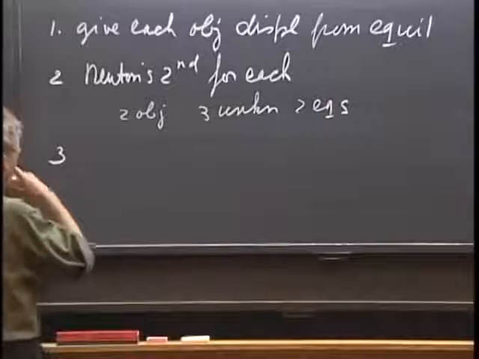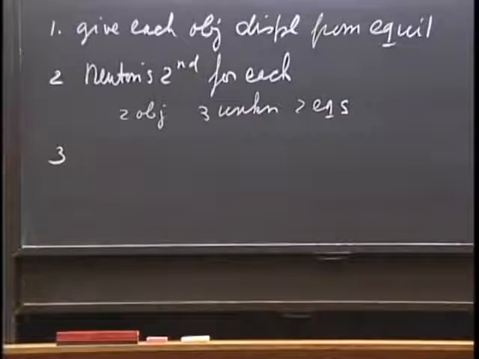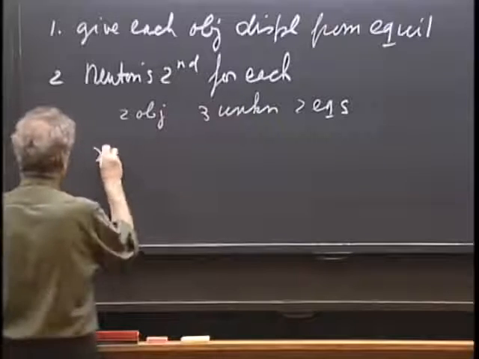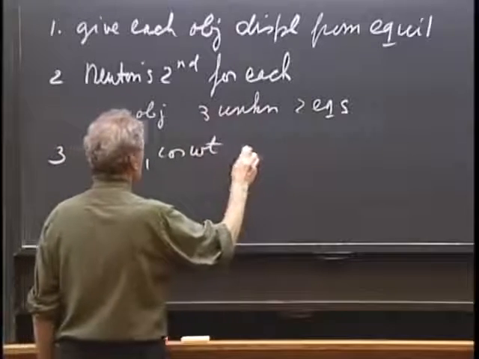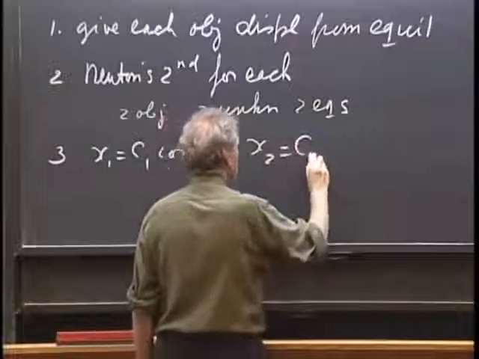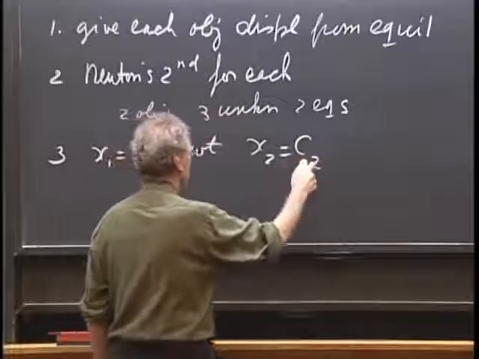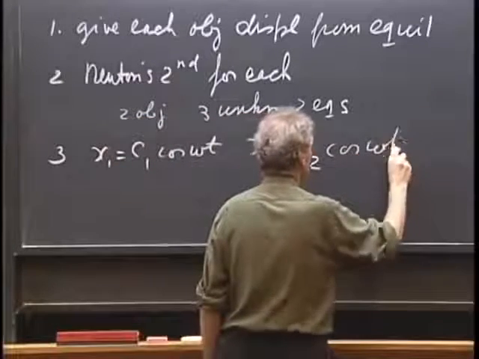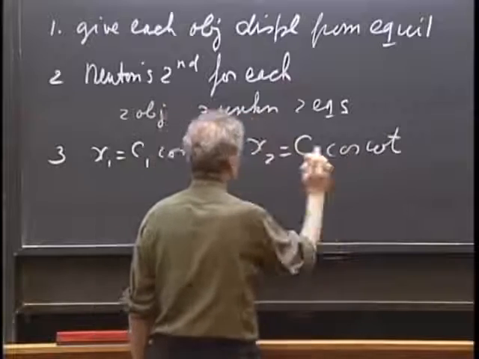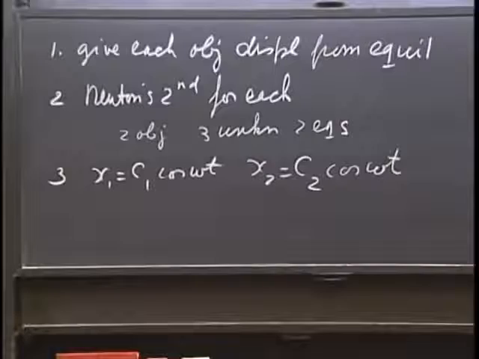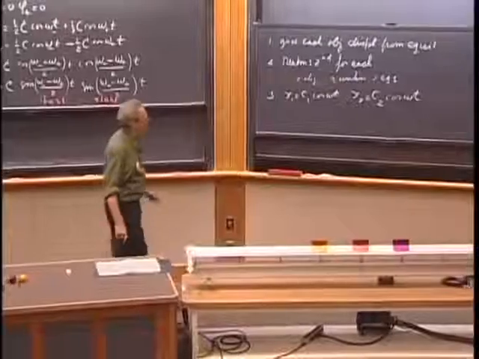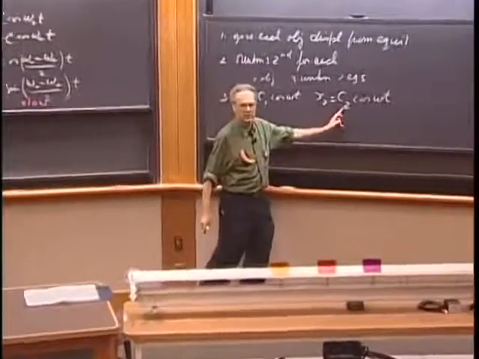Number 3, you are going to put in the condition for normal modes, which means that x1 is C1 times cosine omega t, but x2 can be some other amplitude which we have to calculate also, times the same cosine omega t. I don't have to put the phase in there because it's either in phase or out of phase, and out of phase means that you get minus signs.